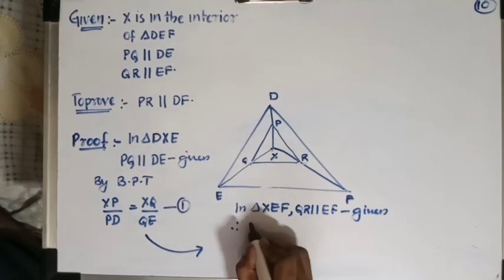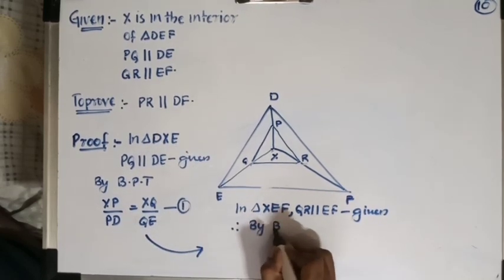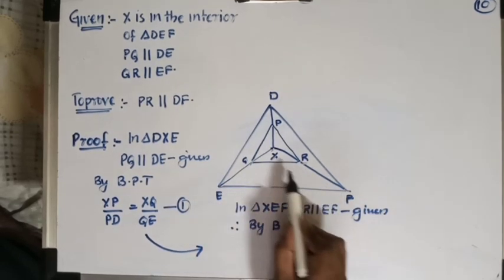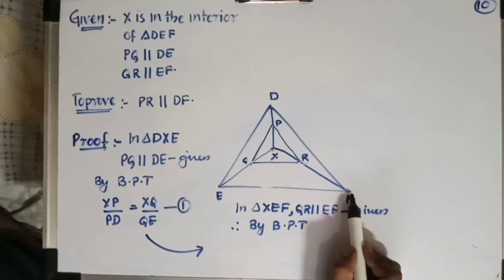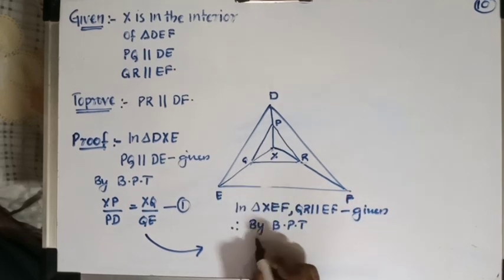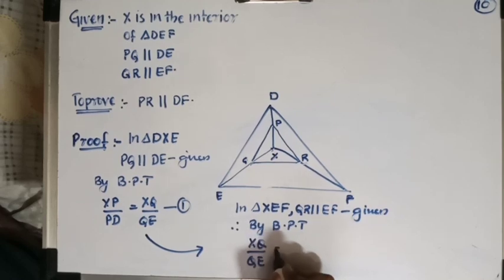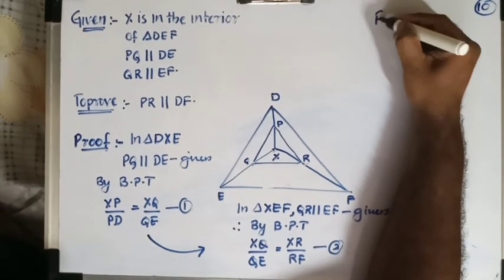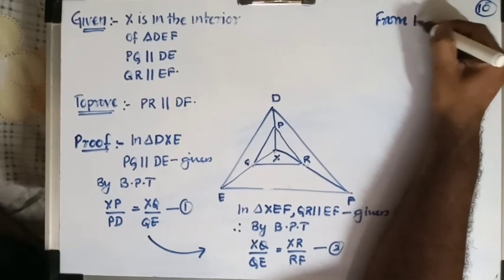So therefore, by basic proportionality theorem, what do you have? If I apply basic proportionality theorem in triangle XEF, I'll have XQ upon QE equals to XR upon RF. I give this as number 2. So from 1 and 2, what can we infer?